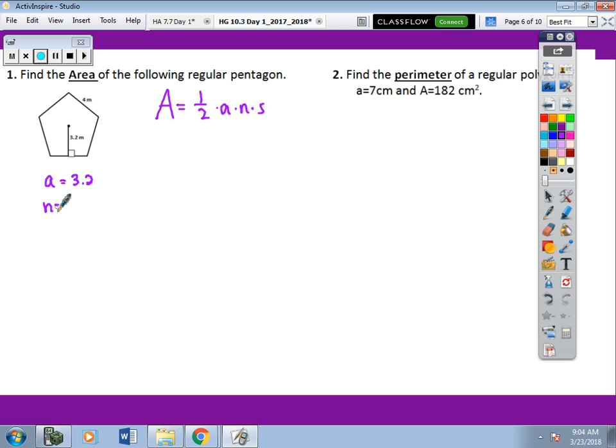N is the number of sides, which in a pentagon will be 5 sides. And S is the length of one side, which was given, 4. And then you just plug in. Multiply all that together, and we do want to make sure we have square meters.